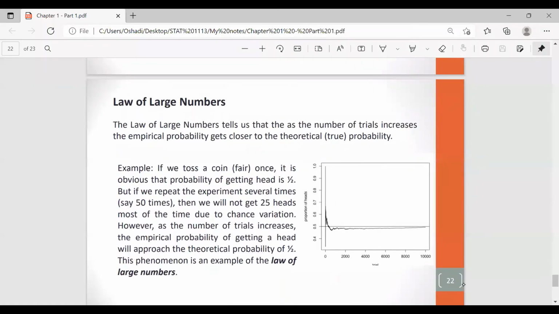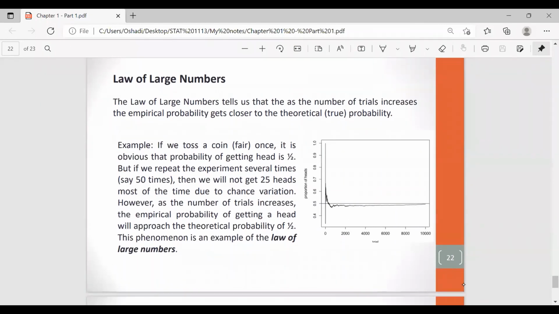Can you explain the graph that was given before? This one. Wait. Okay, the law of large numbers, isn't it? In empirical probability, when we increase the number of trials, the empirical probability gets closer to the theoretical probability, right?